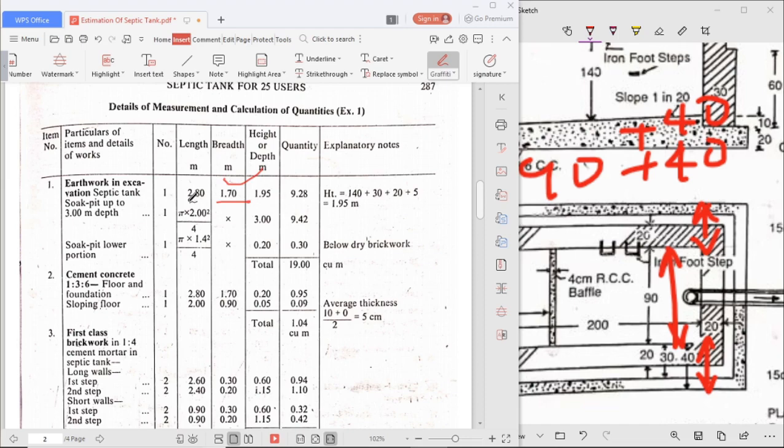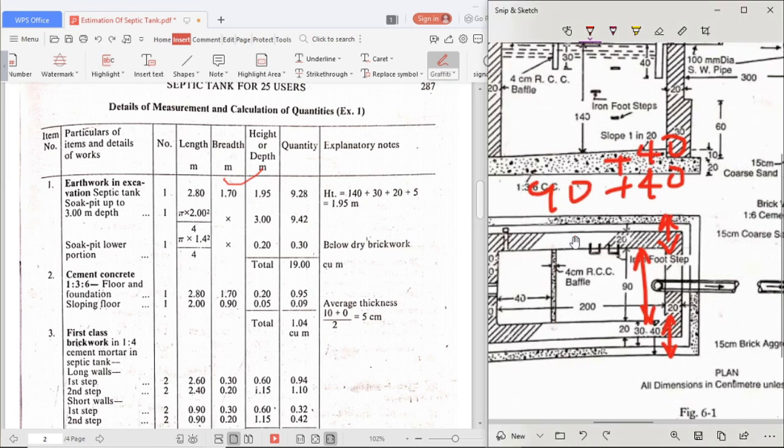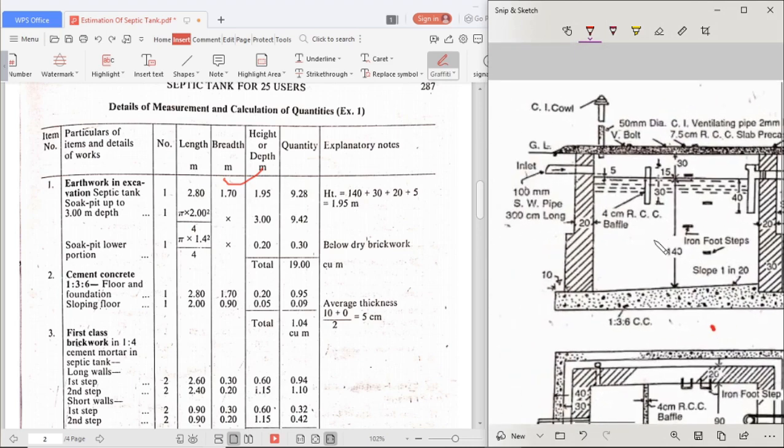Okay, 280 we got, 170 we got. Then height. How to calculate this height? So come here, see here, below the slab, we can get here 30. Okay, from the slab to the floor it is 140. 30 plus 140, 170.